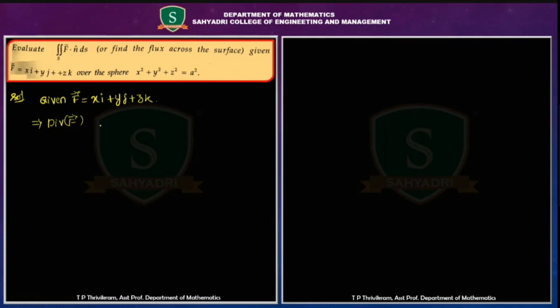It is dou by dou x of F1 plus dou by dou y of F2 plus dou by dou z of F3.